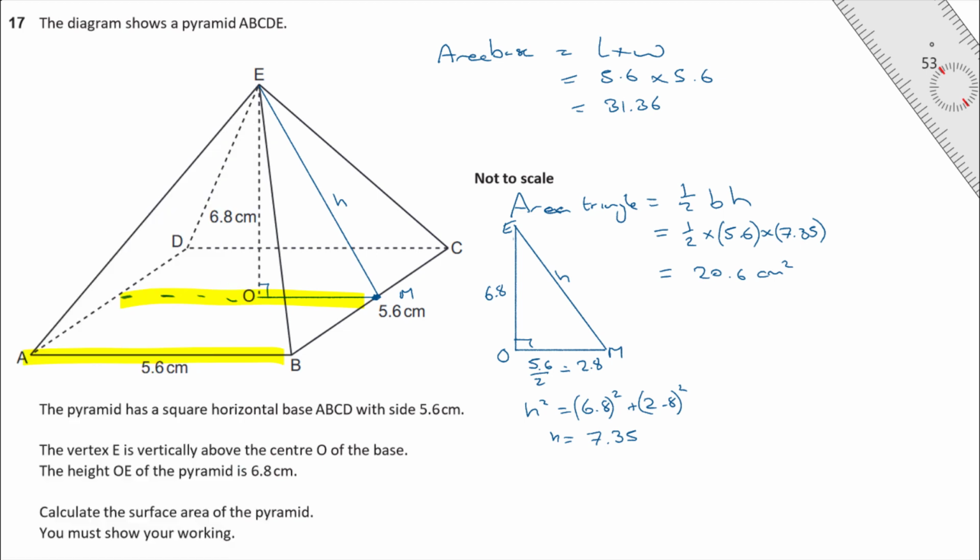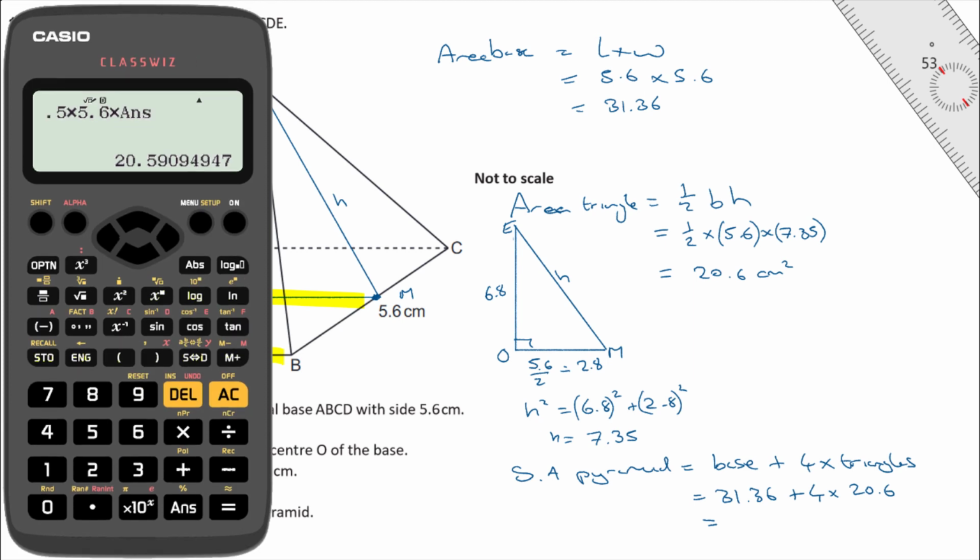So then the surface area of the pyramid is going to be the base area plus 4 times the triangles, isn't it? So it's going to be the 31.36 that I found plus 4 times the 20.6 that I found.